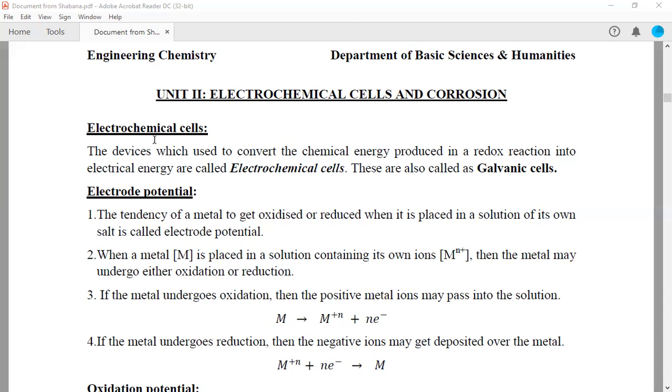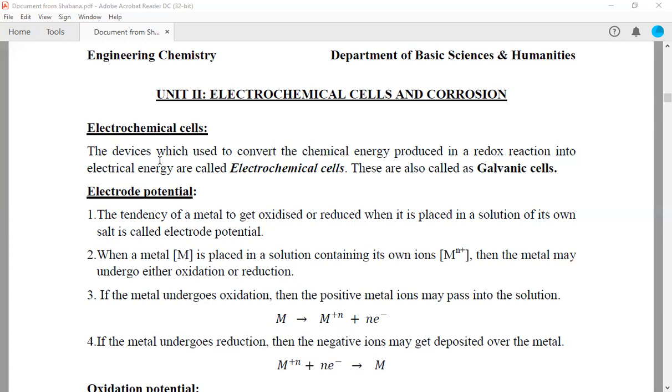In this electrochemical cell, the chemical energy is converted into electrical energy by the process of redox reaction. Redox reaction means the reaction in which both oxidation and reduction take place simultaneously, and the reaction is a spontaneous reaction.